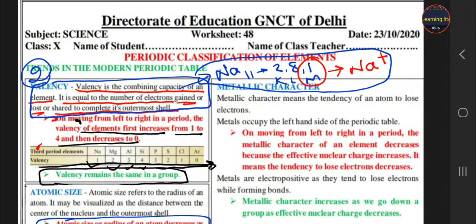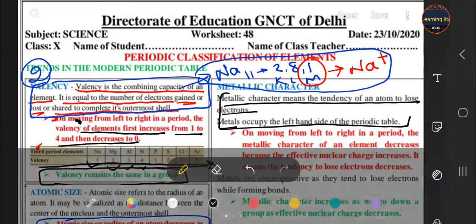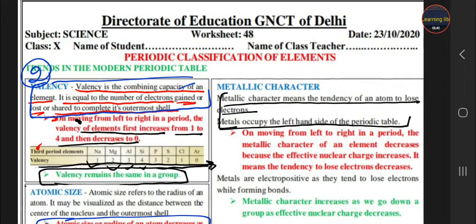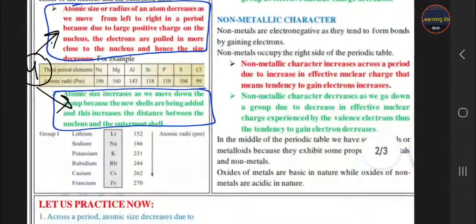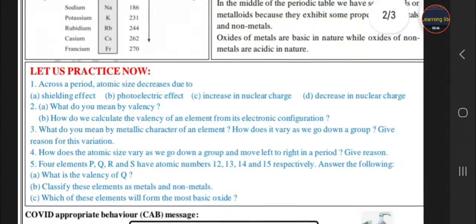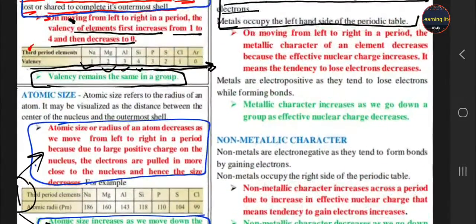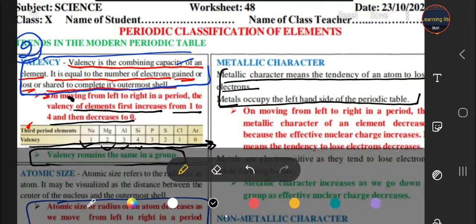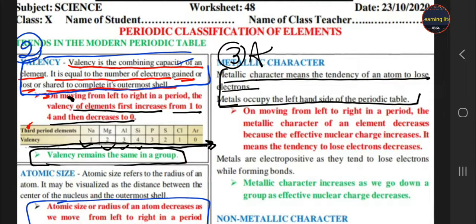Whenever any metal loses electrons from its outermost shell and attains a positive charge, it is called its metallic character, and metals occupy the left hand side of the periodic table. And this is the answer of your third question, student.